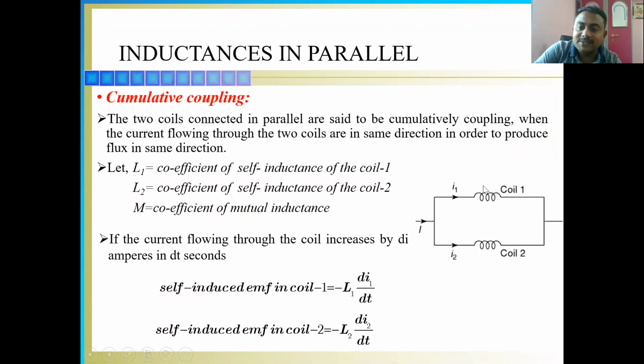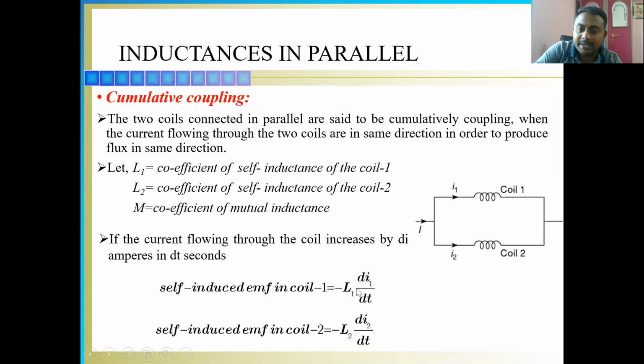As we know, L1 is the coefficient of self-inductance of coil 1, L2 is the coefficient of self-inductance of coil 2, and M is the mutual inductance of the two coils, that is M12 and M21, which we call M only. The self-induced EMF in coil 1 is minus L1 dI1 by dt.